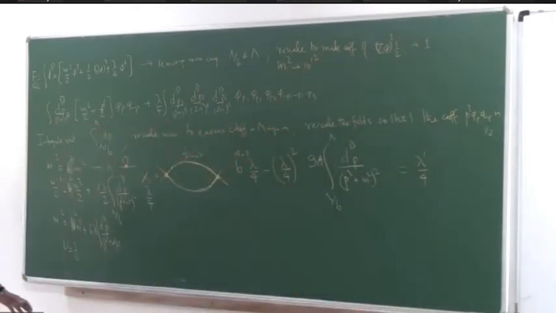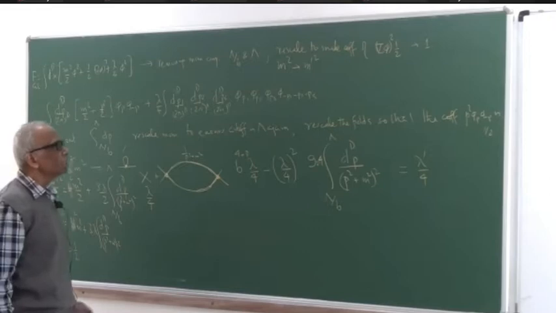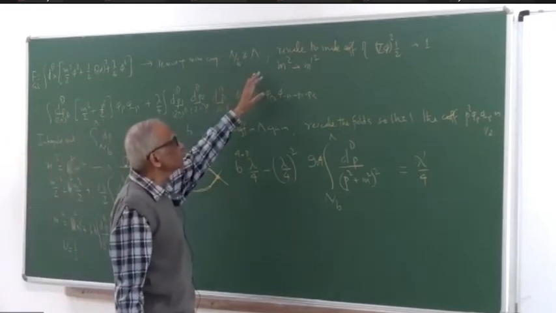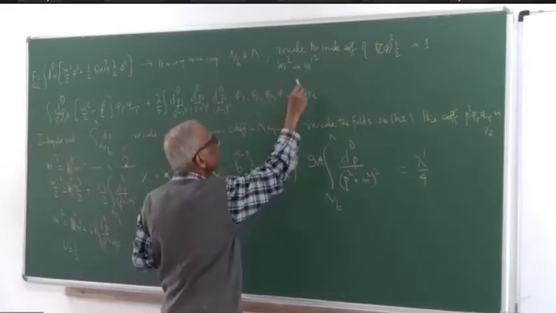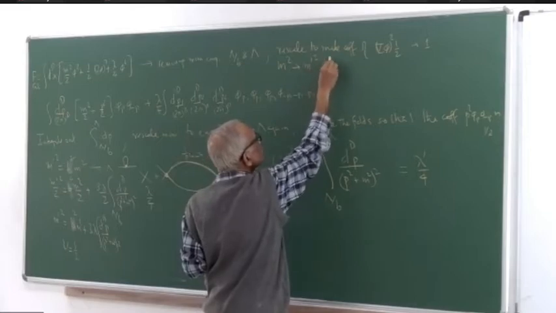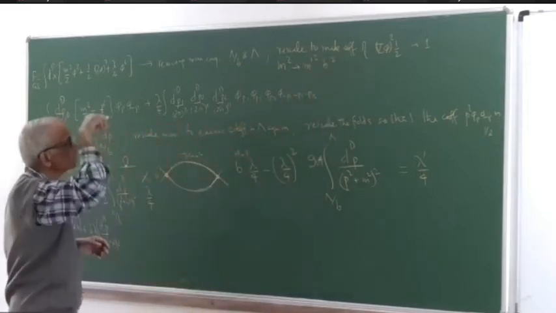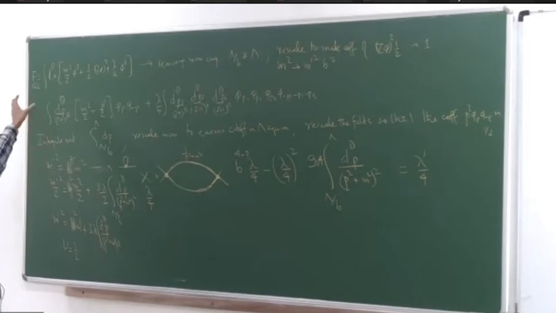So you make sure no change over there, and that's what makes this m square go to m prime square times b square over here. All right.